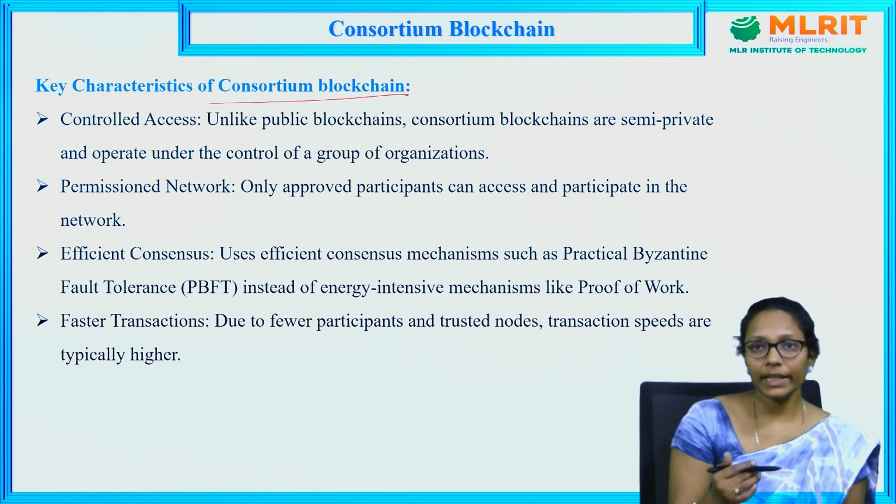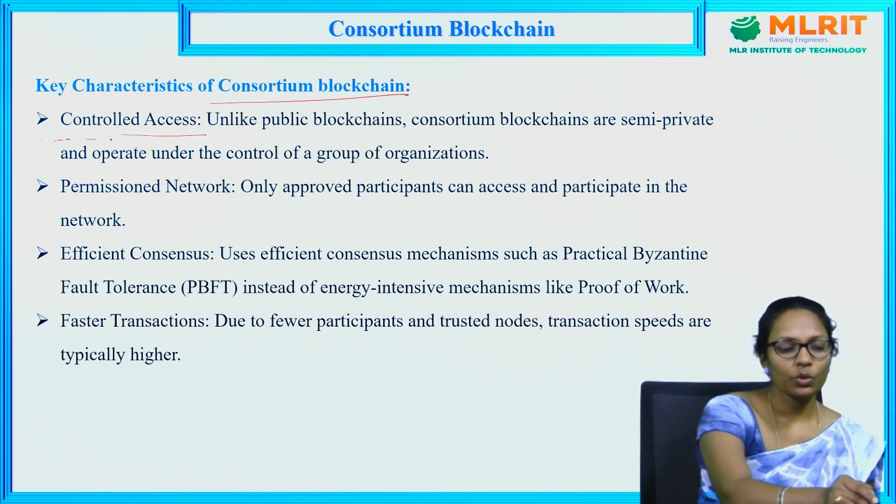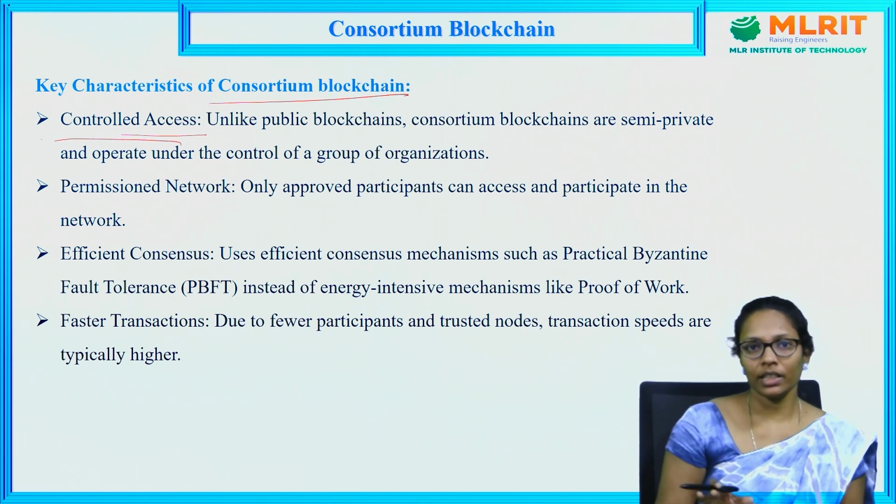So what are the main characteristics of this Consortium blockchain? Controlled access. If it is a public blockchain, the access is full access. Anyone can access it. Anyone can modify it, in the sense anyone can propose a transaction and anyone can validate a transaction. But here it's not like that. The controlled access will be there.